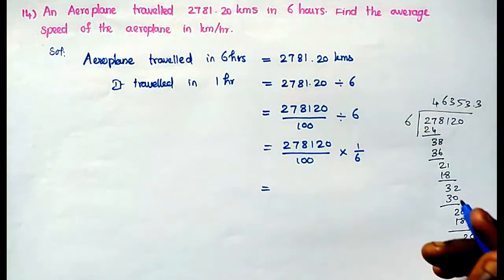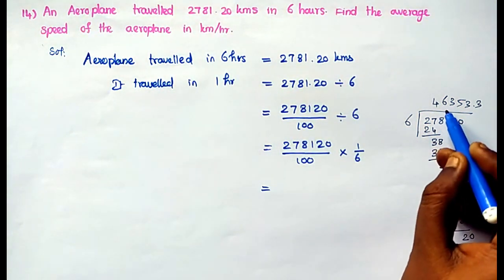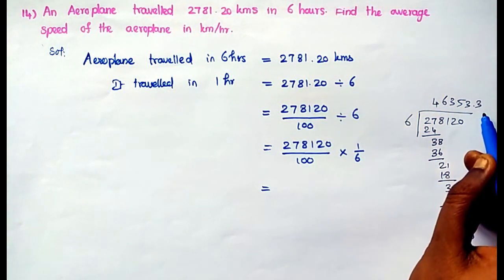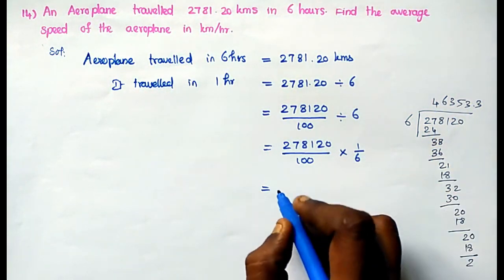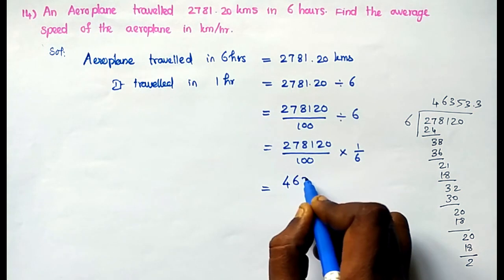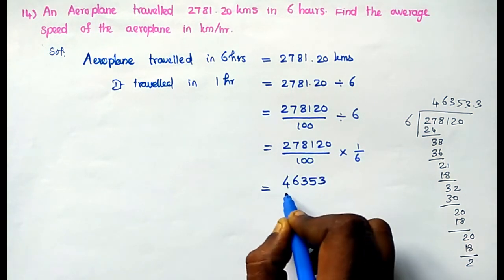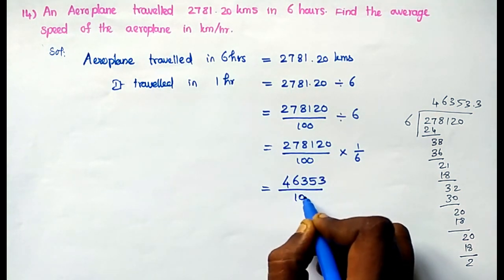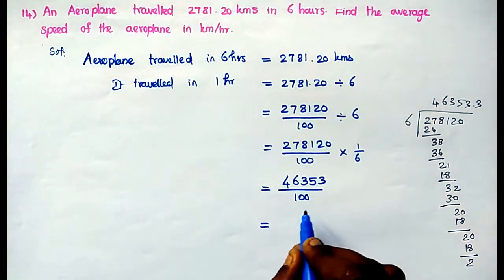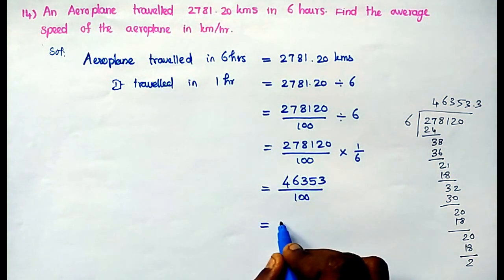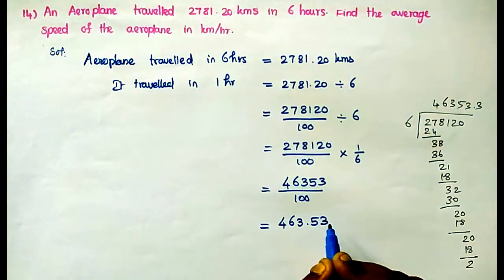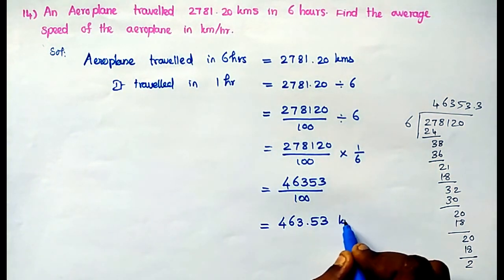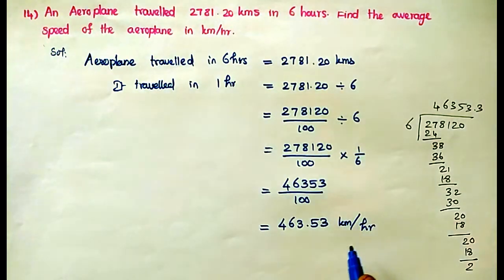It will continue like this, 46353.3333. So take the whole number only. So 46353 divided by 100. Before 2 digits we have to keep the point, means 463.53 kilometer per hour. That is the answer.